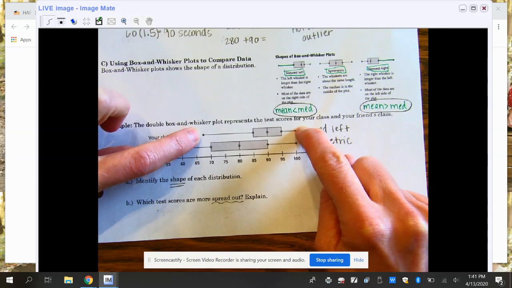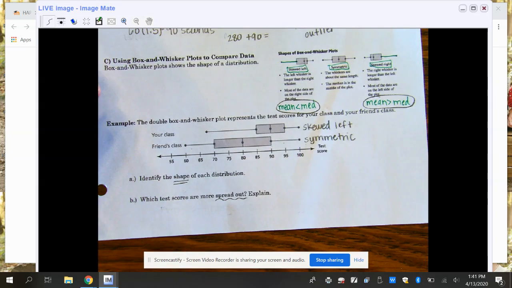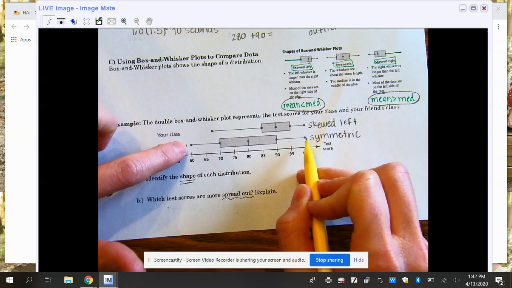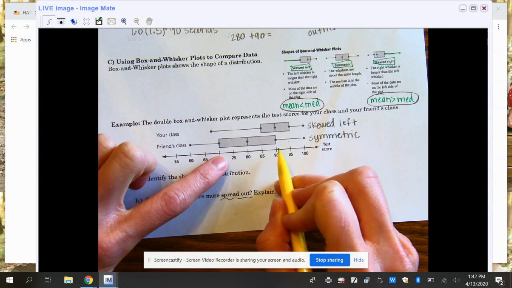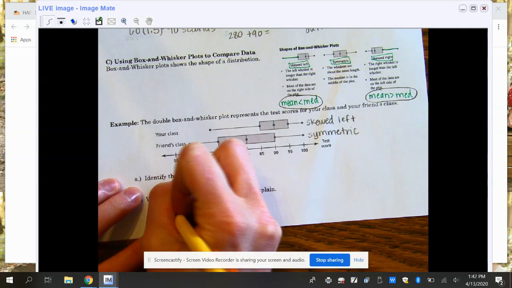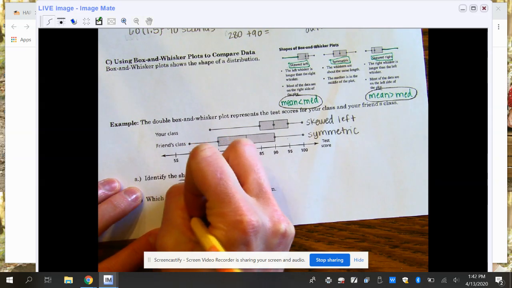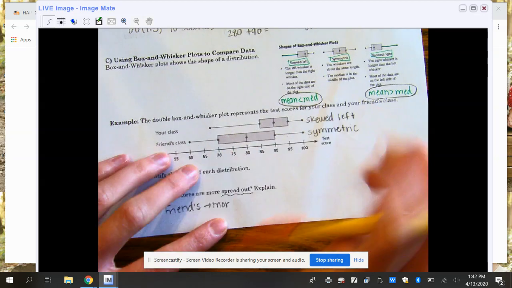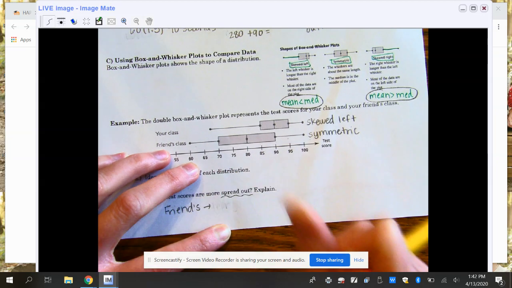We don't know exactly what that score is, but around there. So since our French class has both a bigger overall range and a bigger interquartile range, that means that our French class is going to be more spread out.